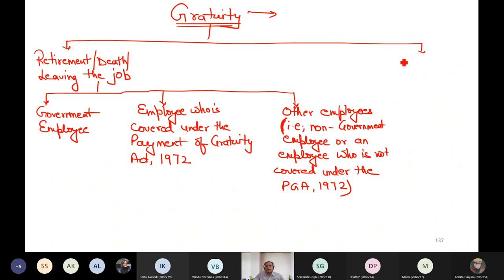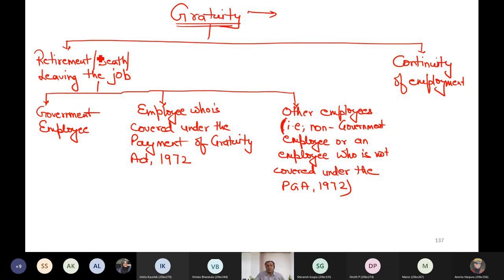I'm not discussing the scenario where gratuity is given during continuity of employment. My concentration right now is to tell you the tax treatment of gratuity, which is a retirement benefit.